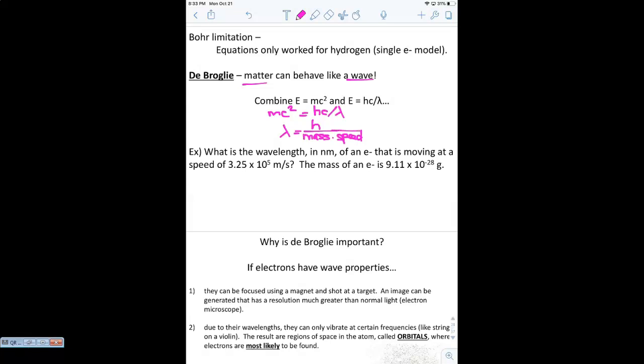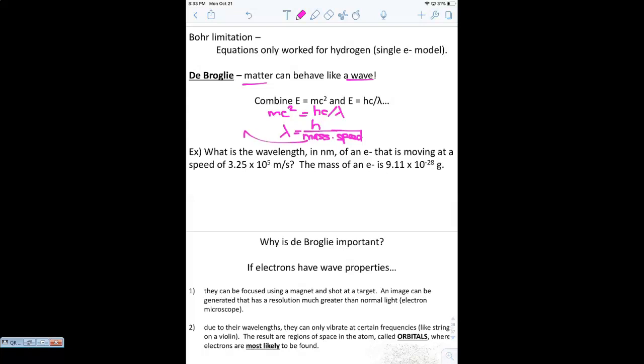I'm just going to write out speed, since we're not talking about waves or anything on the electromagnetic spectrum here, we can't use that 3 times 10 to the positive 8 number. So speed, we're either going to be solving for it or they're going to have to give it to us in the question.